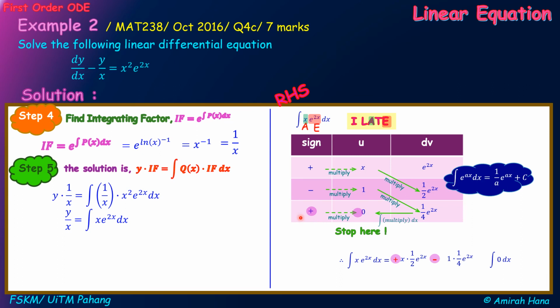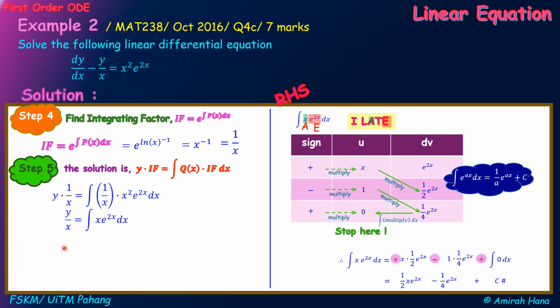Then positive times positive times positive for the last row, where we multiply straight, equals a positive sign. Then we simplify: positive half x e to the power of 2x minus 1 over 4 e to the power of 2x plus, when we integrate 0, it becomes a constant, because when we differentiate a constant, it becomes 0.